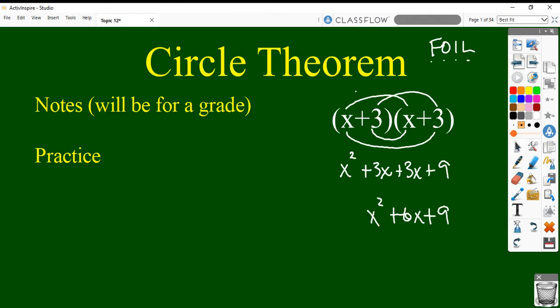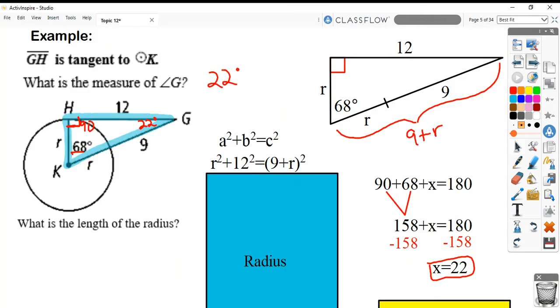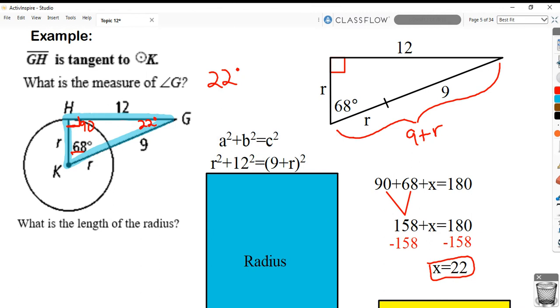We are not just going to square 9 and R. Without fail, every time I've seen a problem like this in my entire teaching career, somebody looks at this and says that that is equal to 81 plus R squared. And that is not how it works, y'all.